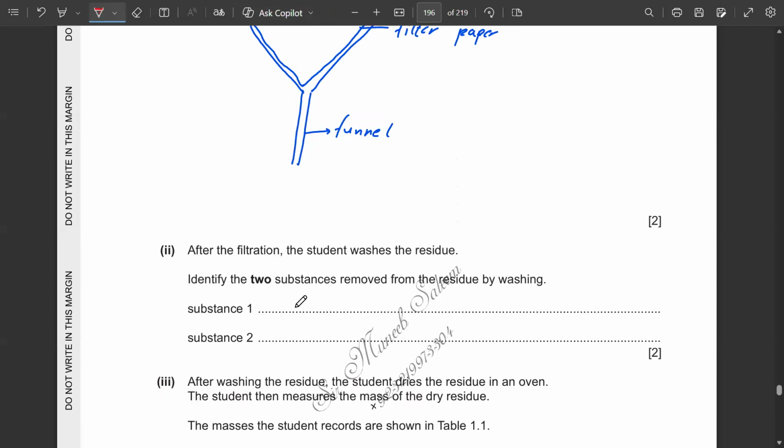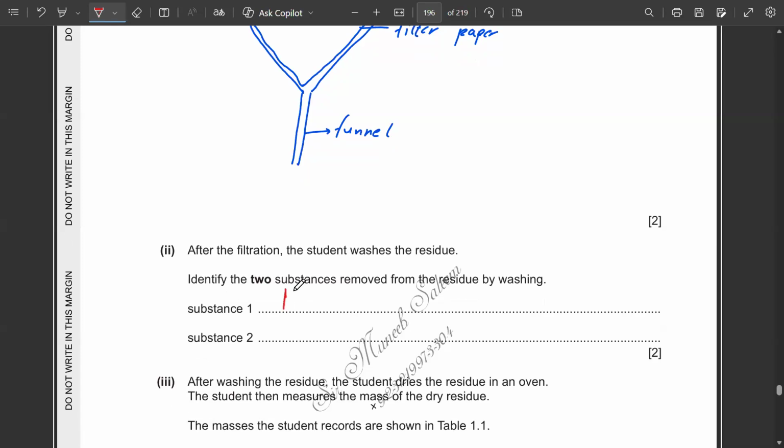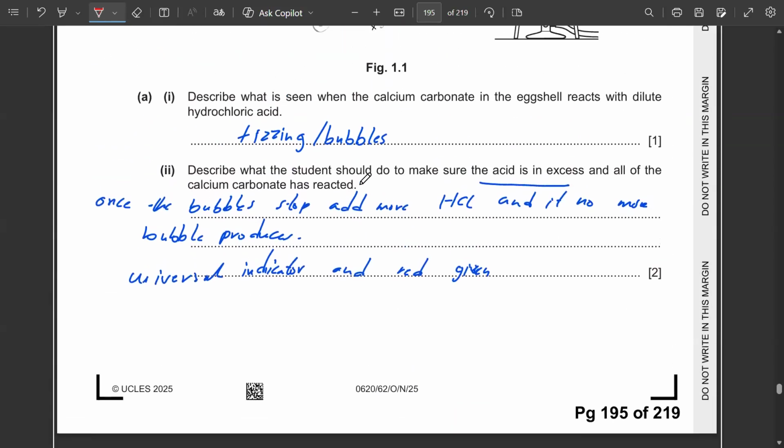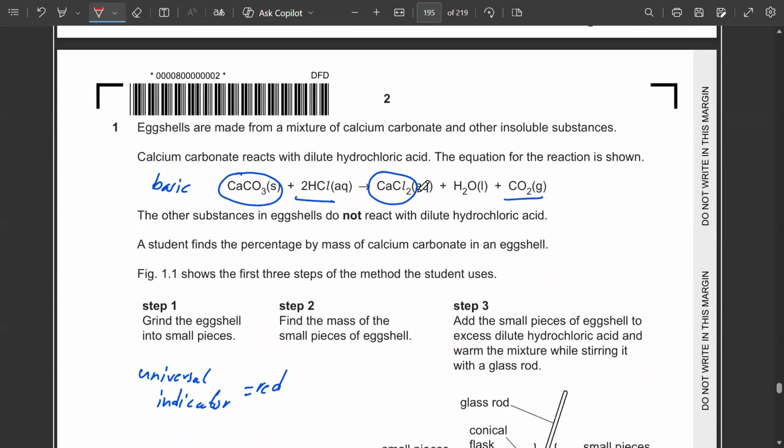We have to identify those two things which are present in the residue. One is the HCl. HCl was present in excess, and the other one is calcium chloride. Calcium chloride is also in the aqueous form. These two things are separated from the residue.